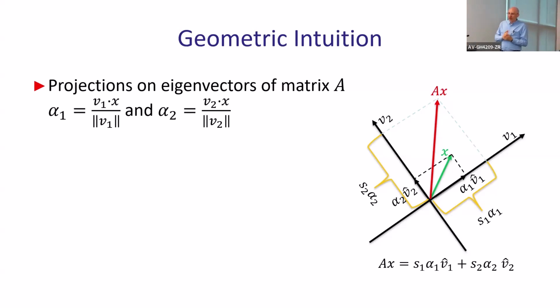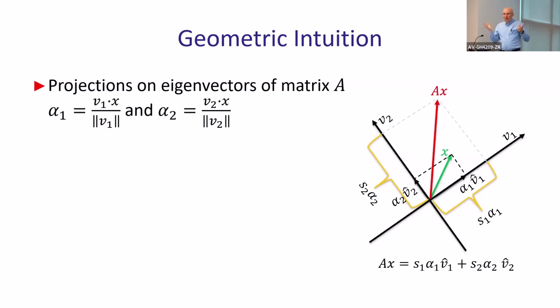All right. So here's how geometrically it works for 2 by 2 matrices, because obviously higher dimensions are more difficult to imagine, but I will explain the geometry in 2 dimensions first. So first of all, you're looking at vector X, and again, you have vectors V1 and V2, which are hopefully orthogonal. That is the case for normal matrices, okay? So what happens is you are finding the projection of that vector X onto each one of these axes.